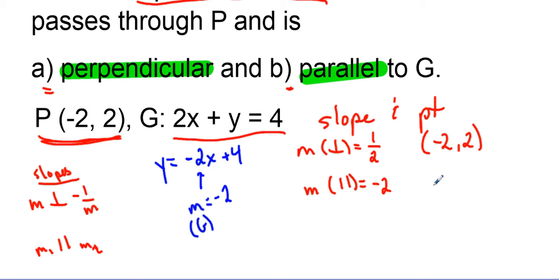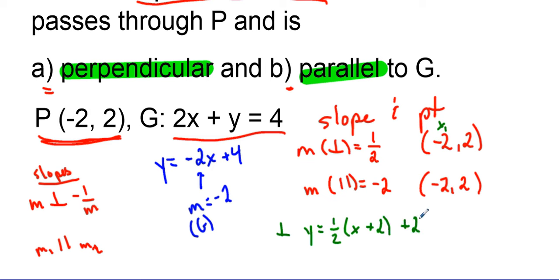So what is the equation of each one of these? Well, the perpendicular line, I'm going to put this in point-slope form: y equals 1/2 times x, minus x1, which is x plus 2. So this is point-slope form. And there we have it.